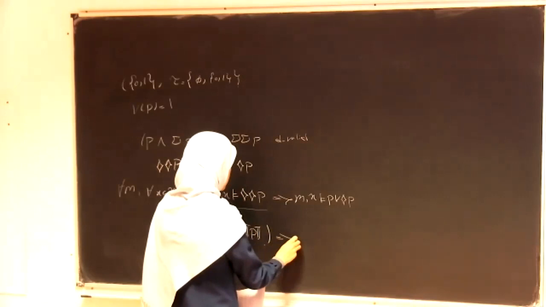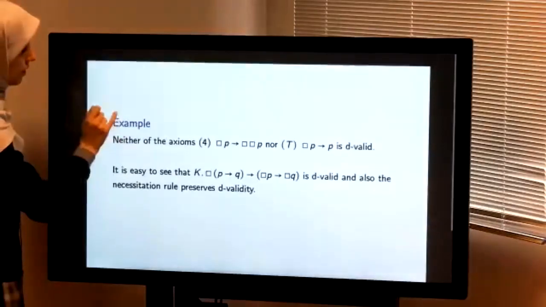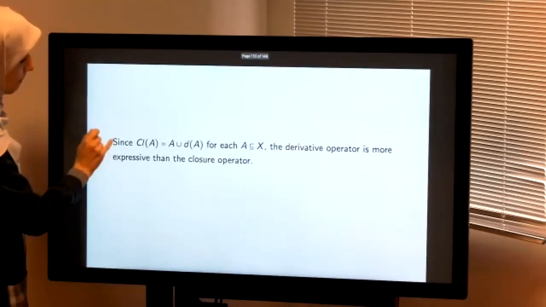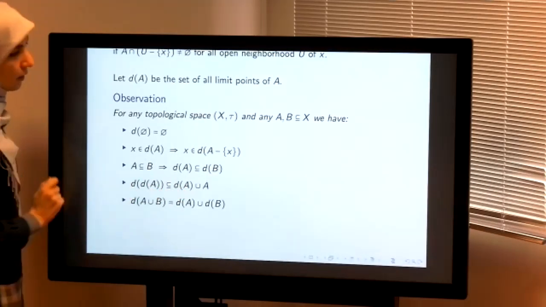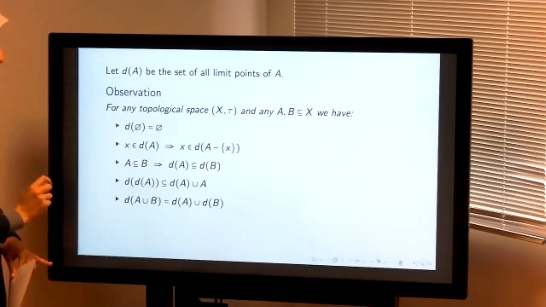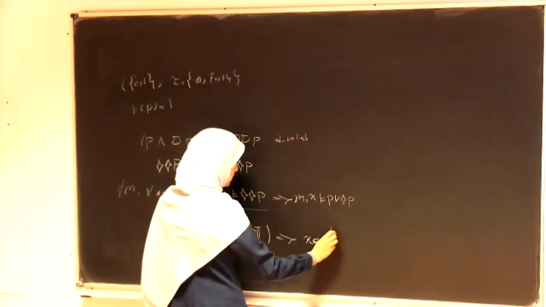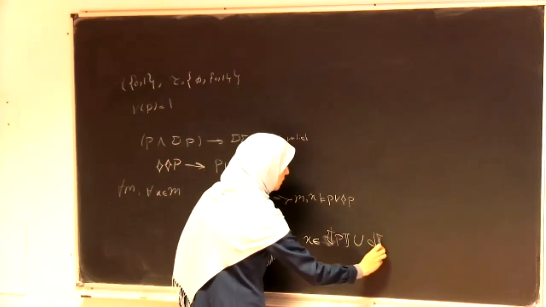And from the observation that I mentioned in the previous slides, we have this property for the d operator, which says that d of any subset A is a subset of A union d of A. So d of p is a subset of p union d of p.